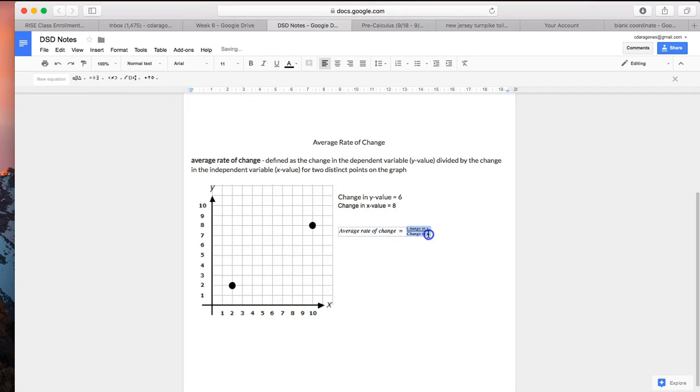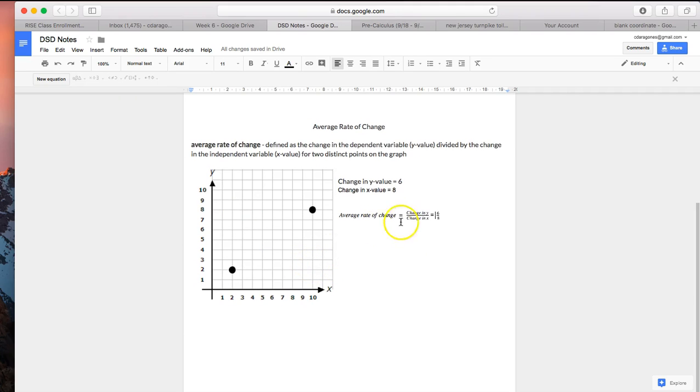So we found that already for our particular example, which is equal to 6/8. Okay, so pretty straightforward, with 2 points on the graph.